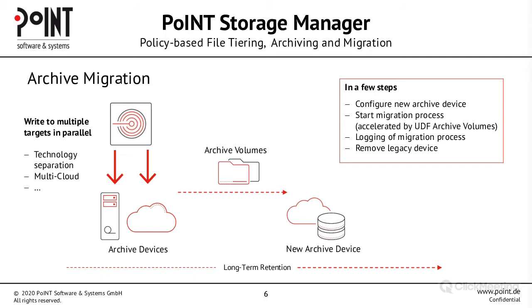The process runs in the background without any interruption, and you can start the migration with just a few steps. And because we use very large container files, the entire process is accelerated. I will show you in the live demo how easy it is to move from one archive device to a new archive device.